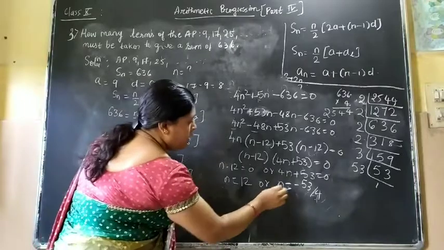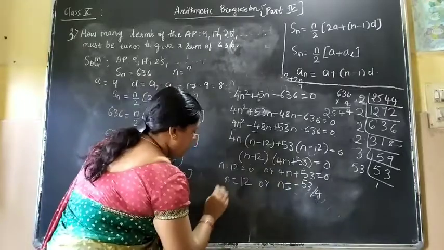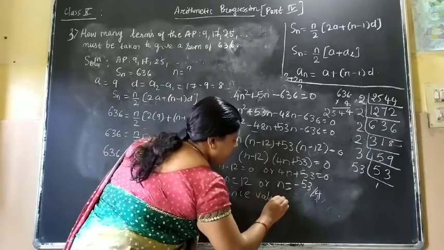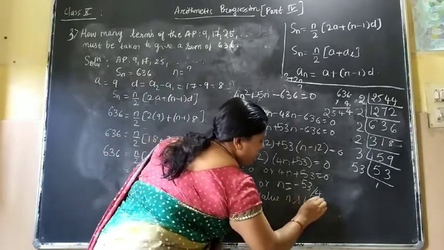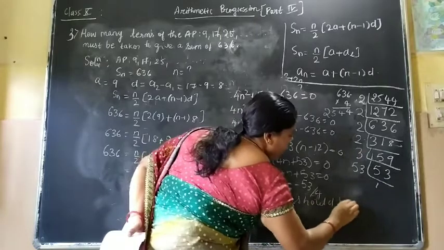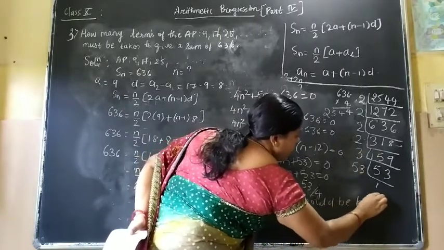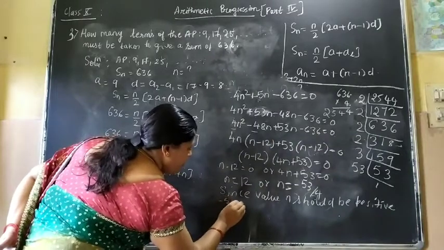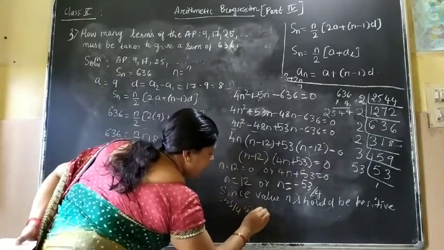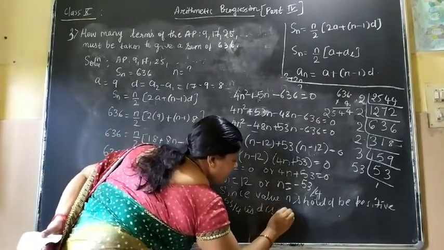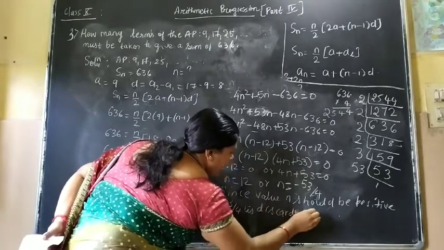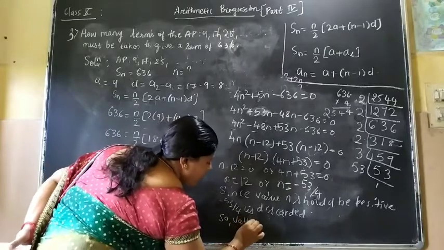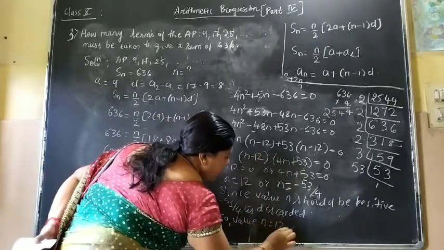So n is equal to minus 53 by 4 is discarded, since the value of n should be positive. And so the value of n will be equal to 12.